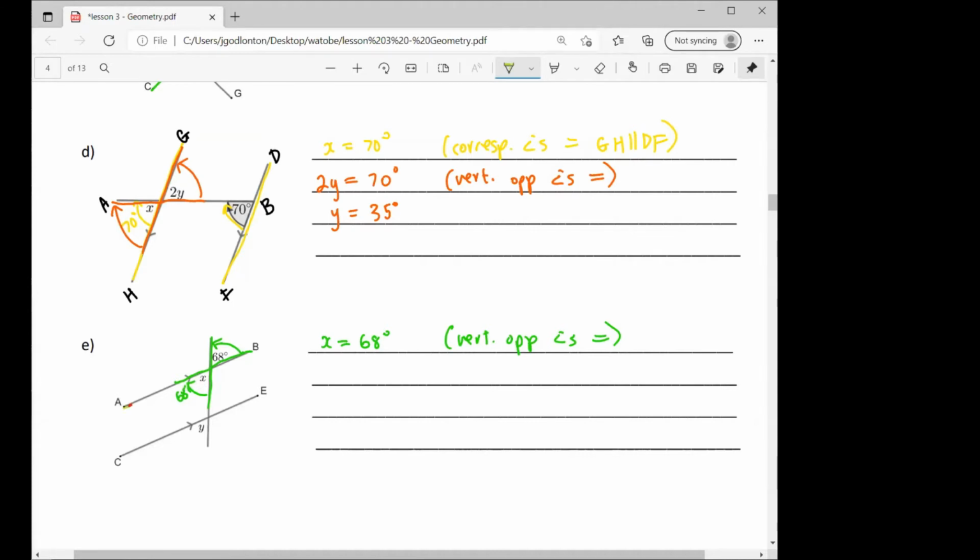Great. So now we've got these two parallel lines. There's our F, it's just the backwards F. This angle equals that angle. So y is going to equal 68 degrees because of corresponding angles being equal when AB is parallel to CE. Great.